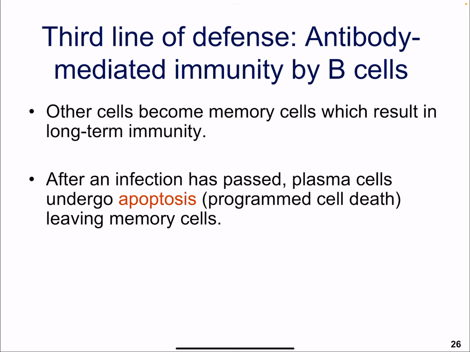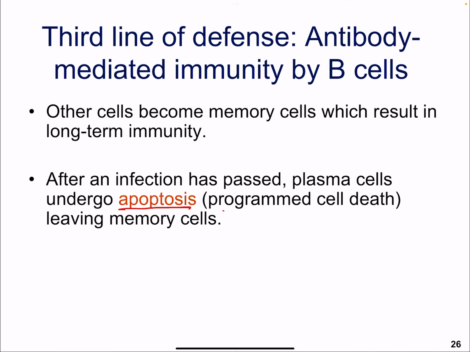Now, when you have an infection and because of your antibody-mediated immunity, you were able to overcome that infection, then what? Well, after an infection is under control, the B cells that were at one time used to fight that infection are going to undergo apoptosis.